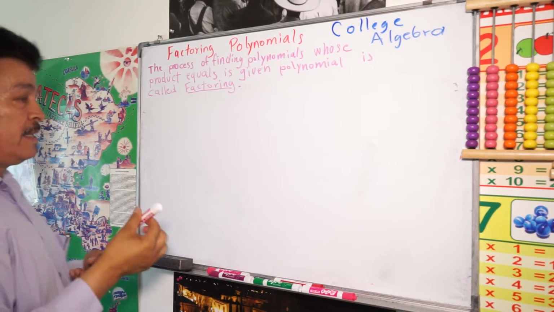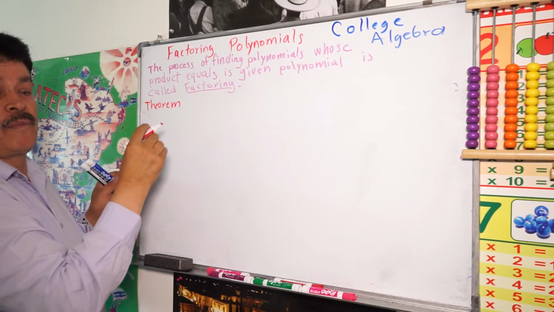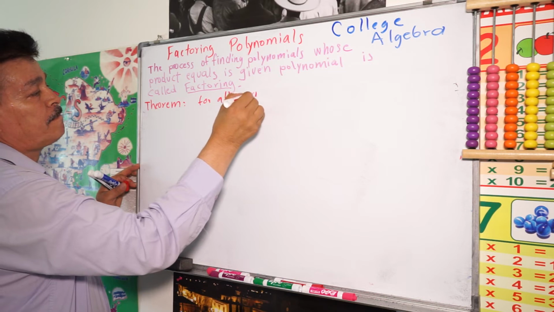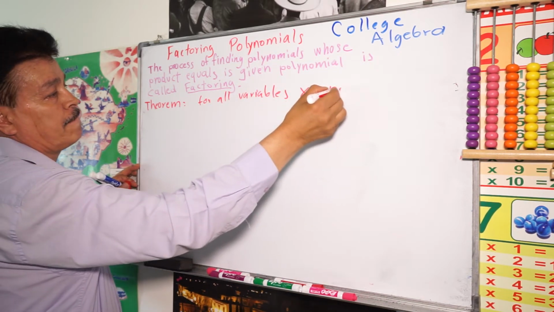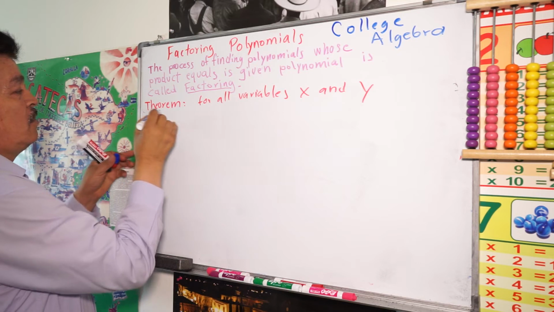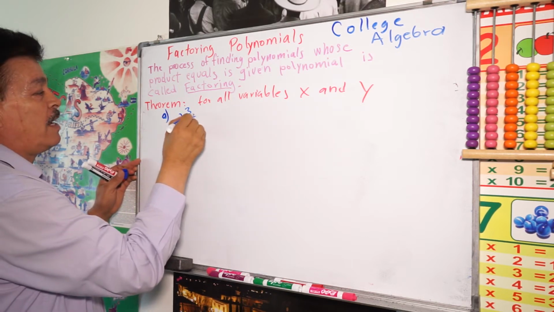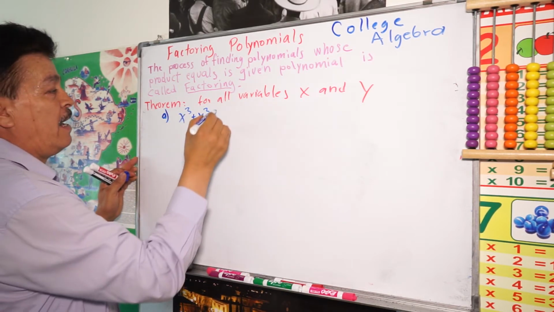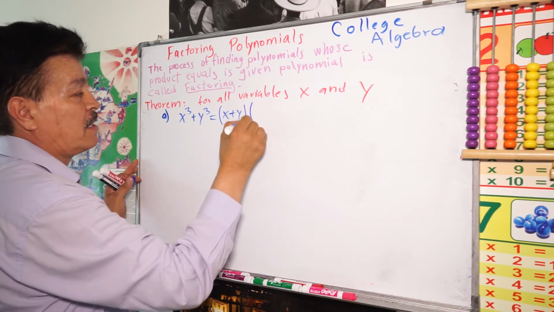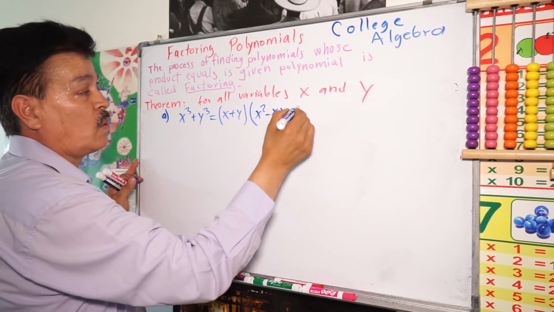Let's write this theorem. For all x and y, we have the first case: x to the third power plus y to the third power equals x plus y times x squared minus xy plus y squared.